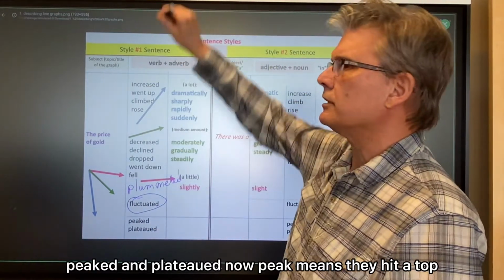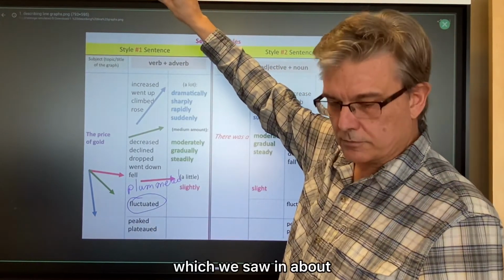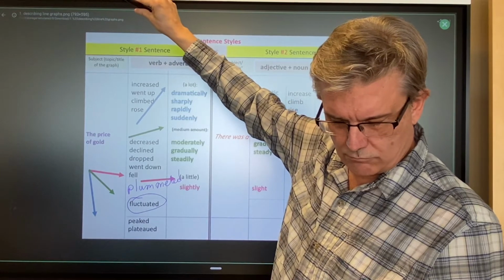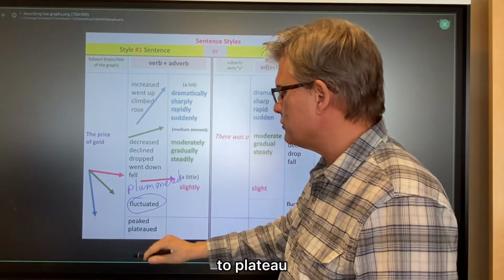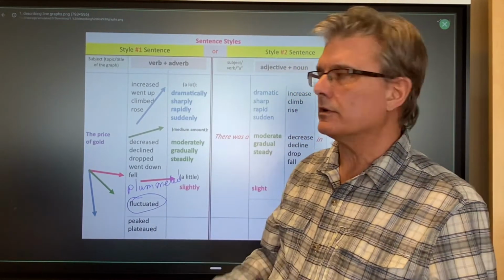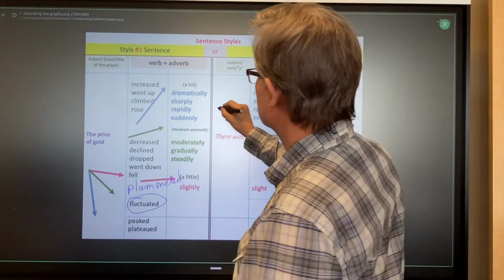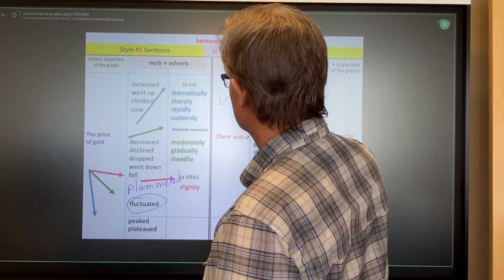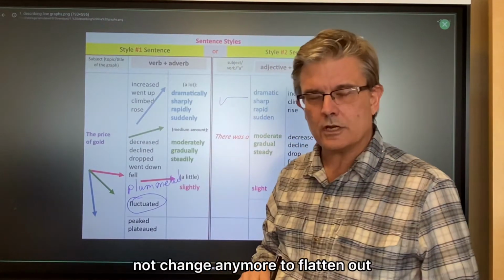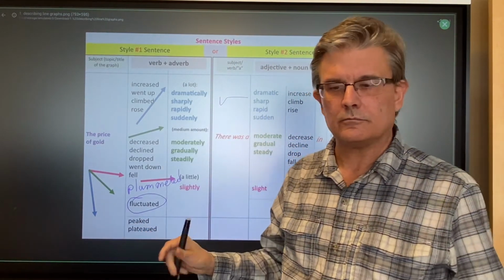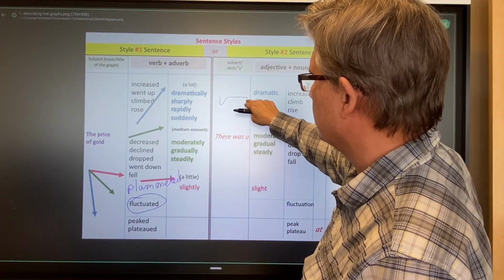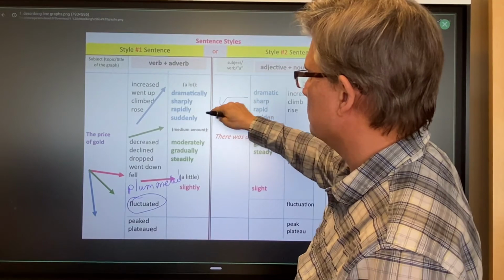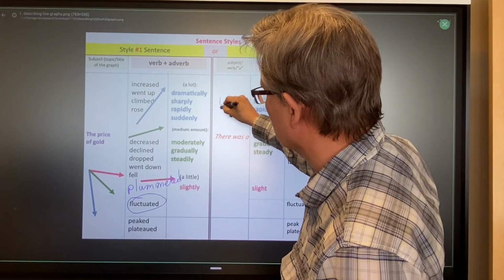Now, peak means they hit a top, which we saw in about 1960 or so, at about 65,000. To plateau, this is a French word, and it means simply to not change anymore, to flatten out. You can plateau, you can level off.